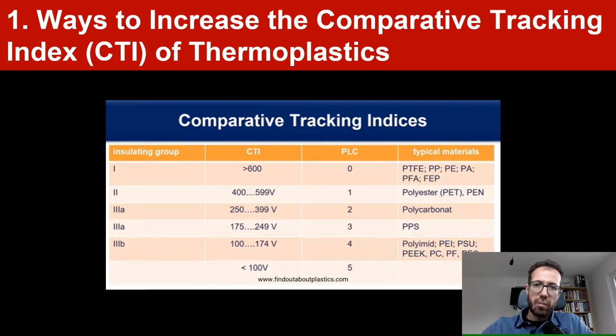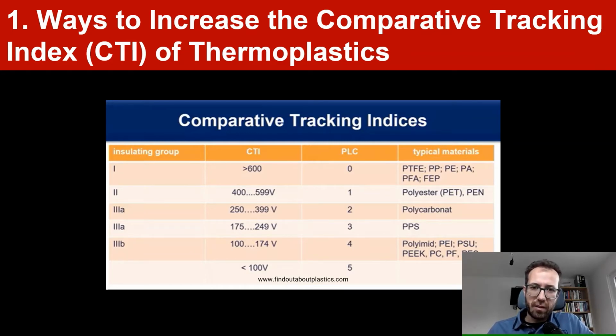And when we talk about CTI, it's important the two standards, the IEC 60112 and the UL 746, which are used in several industries to rank the CTI of different polymers. And this I have shown here in the table. So we have the insulating group and then the CTI values from below 100 volts and above 600 and everything in between.